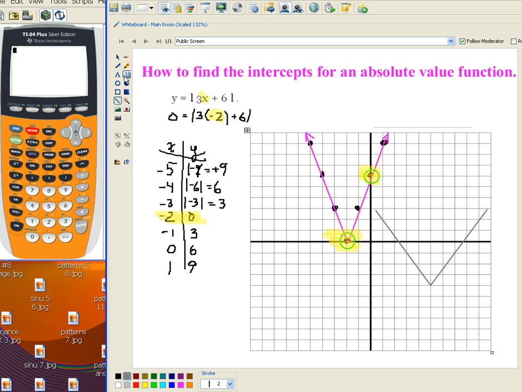So we would be able to find some kind of a vertex. We don't have a lot of integral points there. I'm just drawing this out of my imagination, this absolute value function. I can see that I'm going to get a y-intercept that's not integral. I can see I've got two x-intercepts that aren't integral. So right away I can see that this is a question I might want to be able to think about cases on.